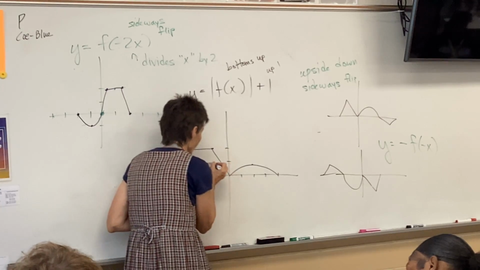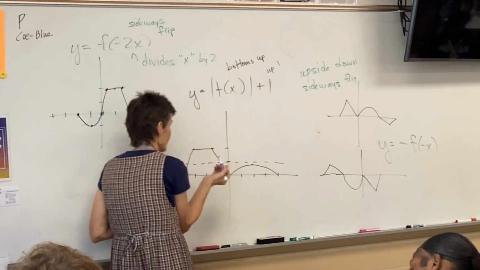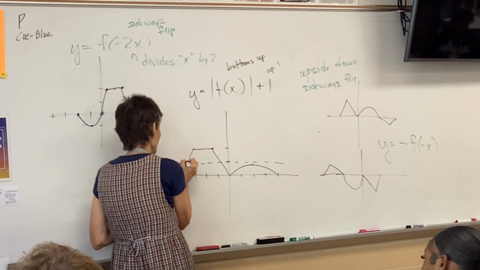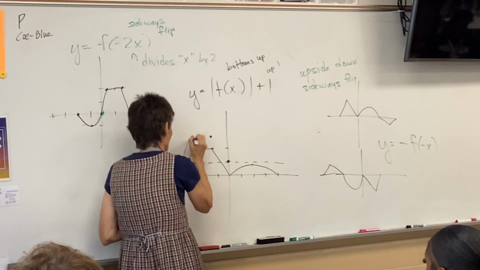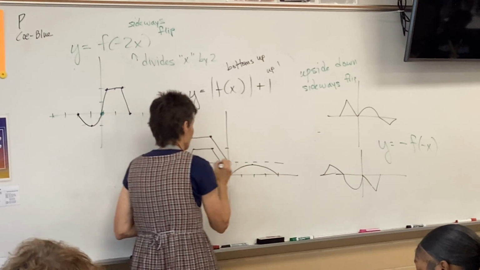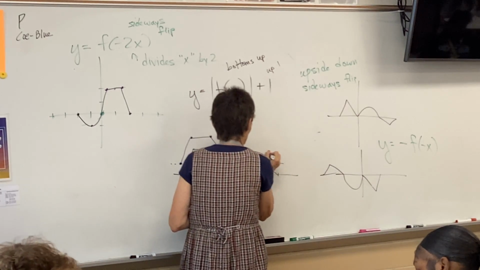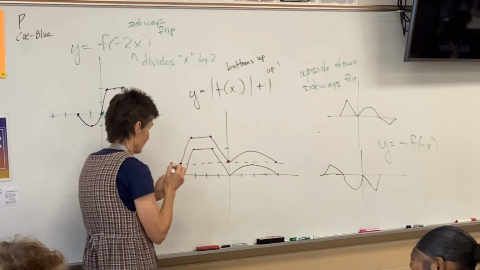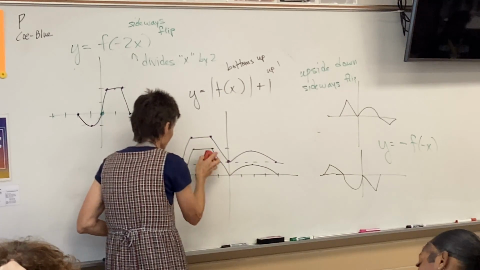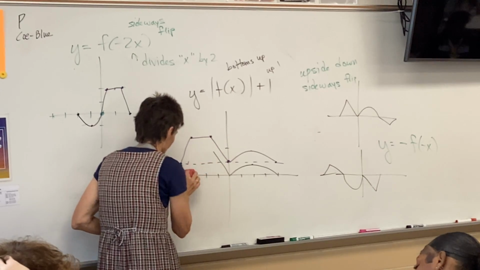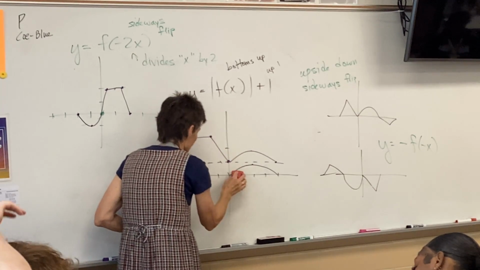So here's my new 4. You don't have to draw that in if you don't want to, but every point has to come up 1. So the purple is the answer.